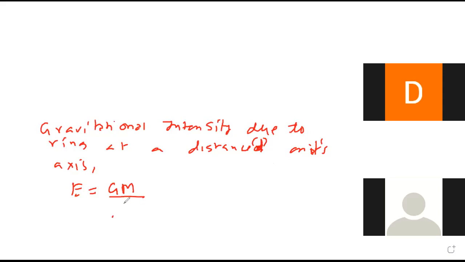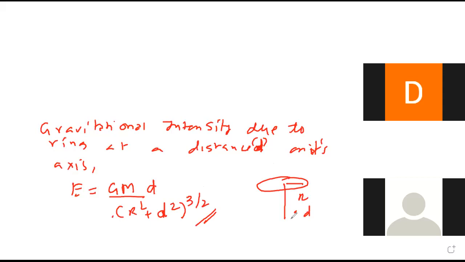So it is Gm upon r square will become d upon r square plus d square raised to 3 by 2. So if this is a ring of radius capital R, then at distance d on its axis, if there is a mass situated, then intensity will be Gmd upon R square plus d square raised to 3 by 2.